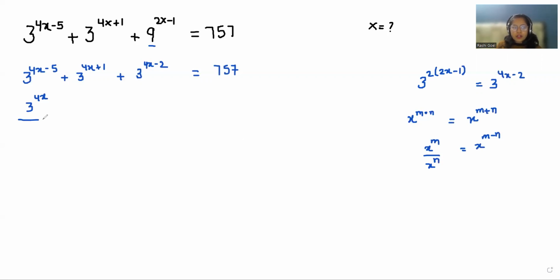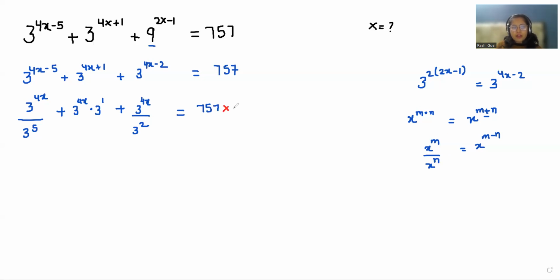So 3 power 4x divided by 3 power 5, plus here there is an addition sign, so we can write it as 3 power 4x times 3 power 1, plus again here is a subtraction sign, so we can apply the quotient rule. So 3 power 2 is equals to 757.